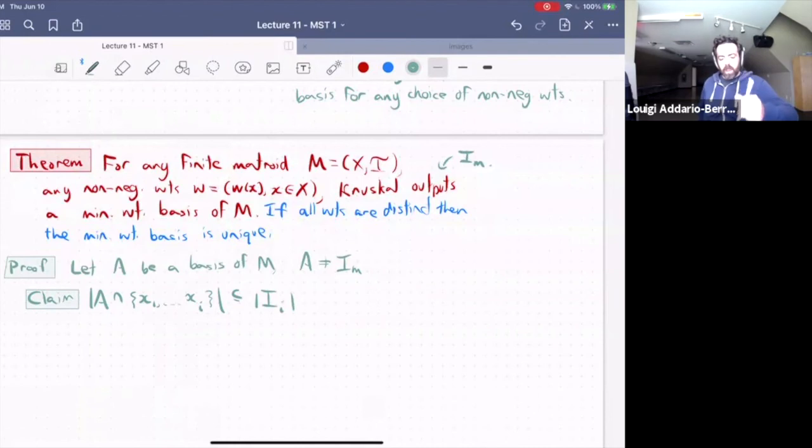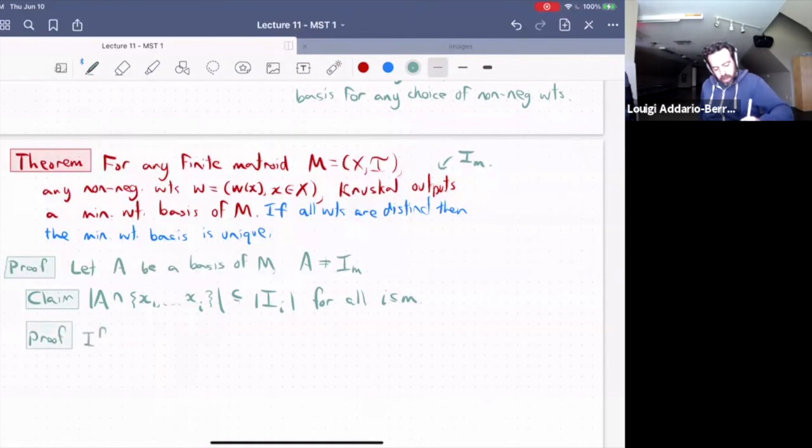So this is saying when we greedily add elements to our independent set, we get at least as many elements as we do in any other independent set by any given time. And that should be true for all i at most m. And this is just a consequence of the augmentation property.